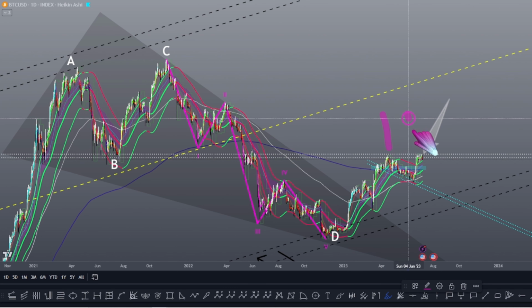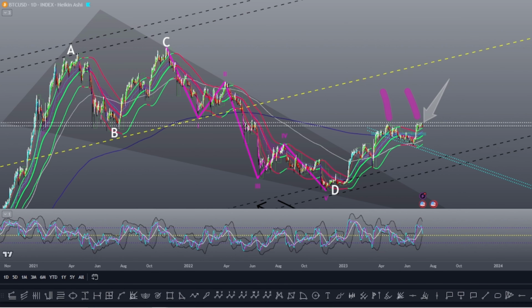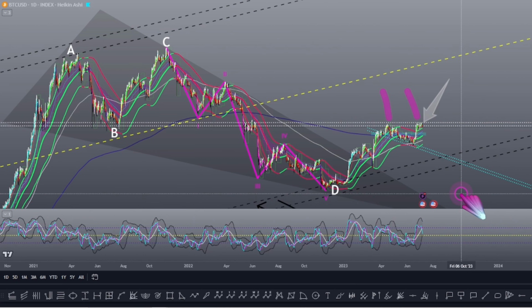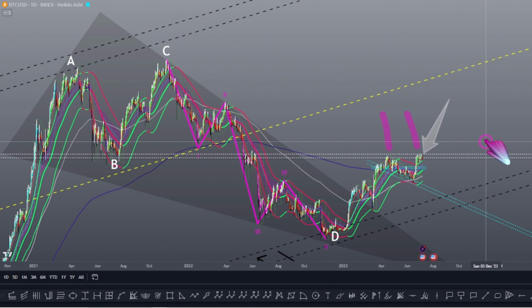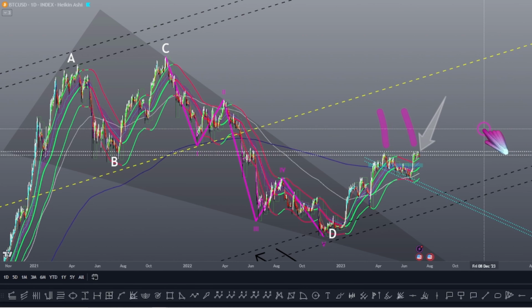Now we're coming up to it. We have right here where we've hit it, and according to this RSI with Bollinger Bands, we're not getting any bearish divergence. That's a good thing to see. Ultimately I think we will end up breaking above this.